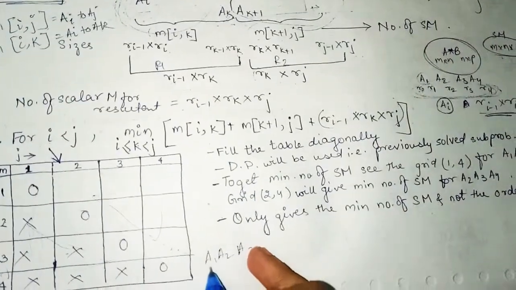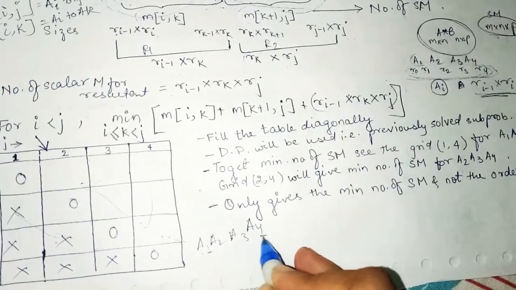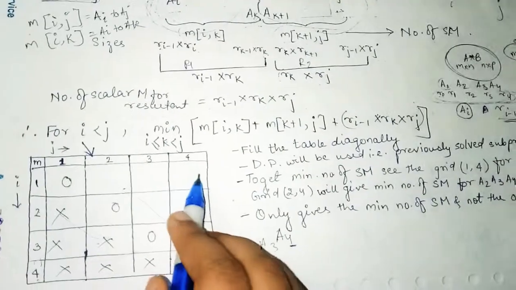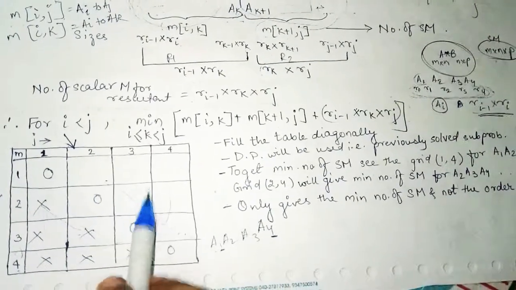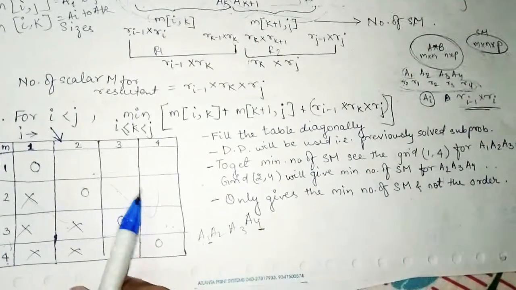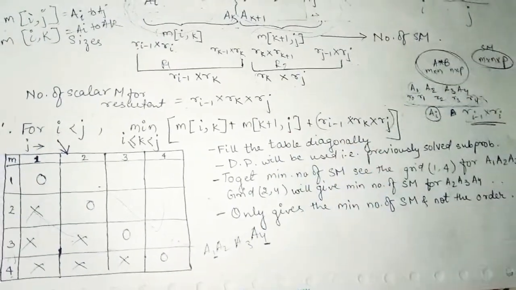From A1 to A4 we will see the grid entry i, j, that is 1 comma 4, that is this thing. And always remember, this gives the minimum number of scalar multiplications and not the order. We will see the order and the main algorithm in the next video.